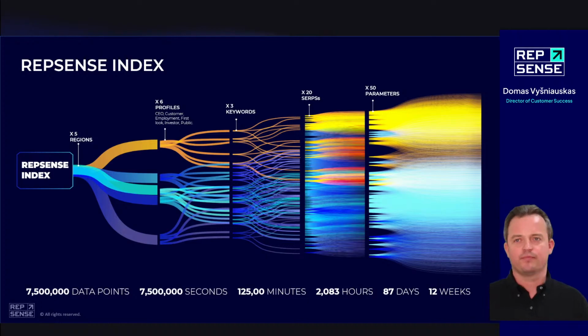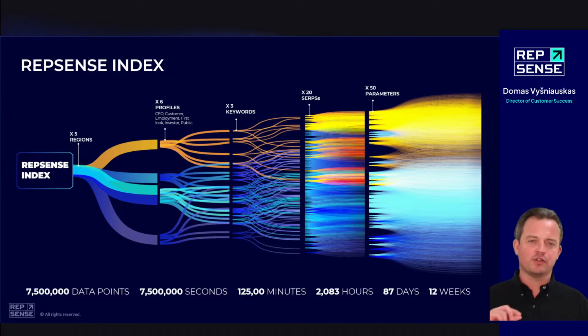Keywords like, let's say for the investor view, futures, stock price, valuation. 3 keywords connected to stock with a company name. So now I have 6 profiles, 3 keywords each that I need to analyze. And what we are going to be looking at in Repsense, we're going to be looking at the first 2 pages of Google search results, so the 20 SERPs.